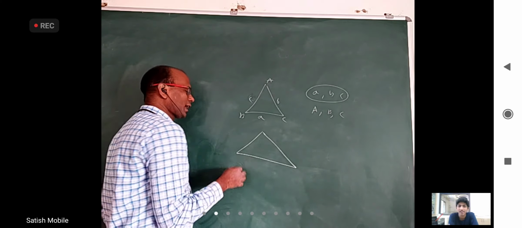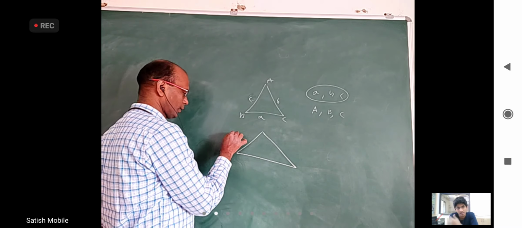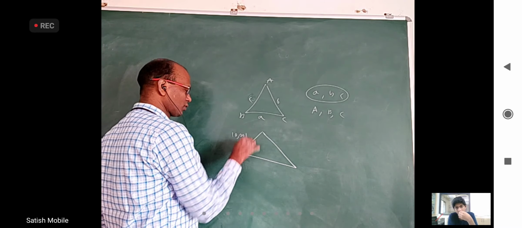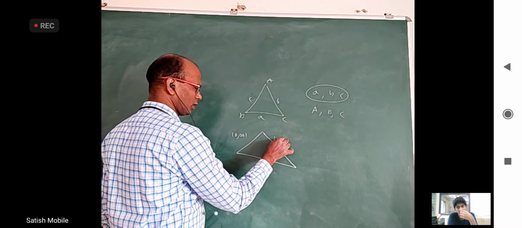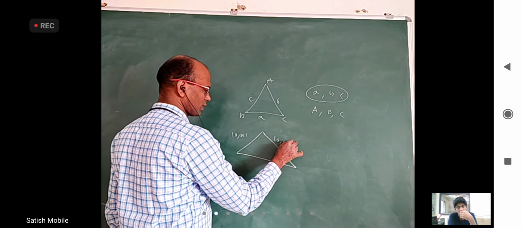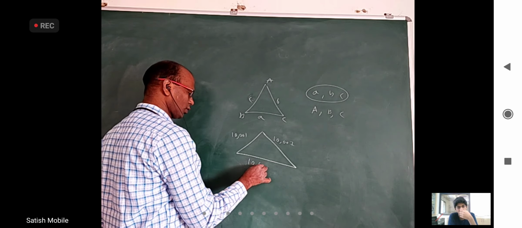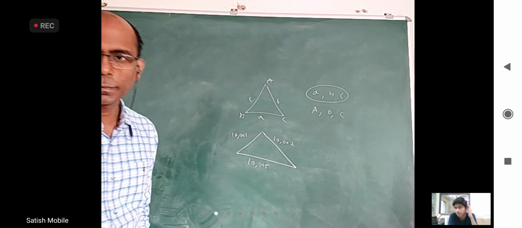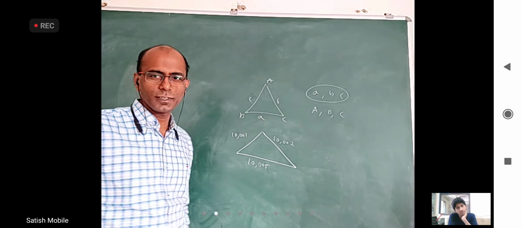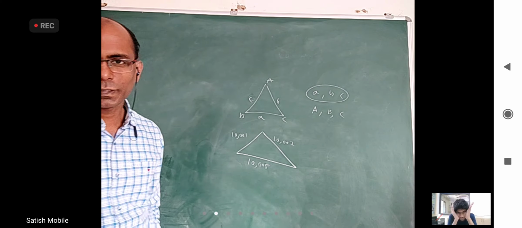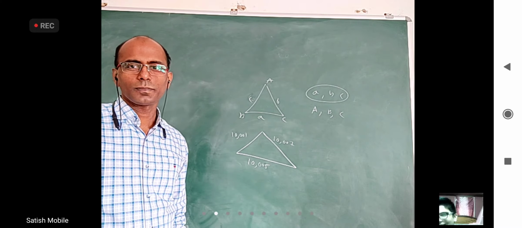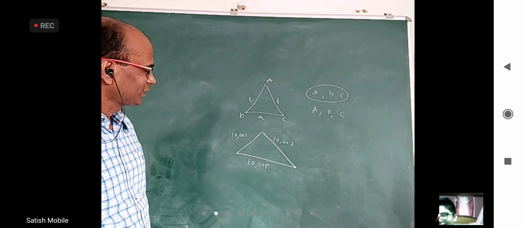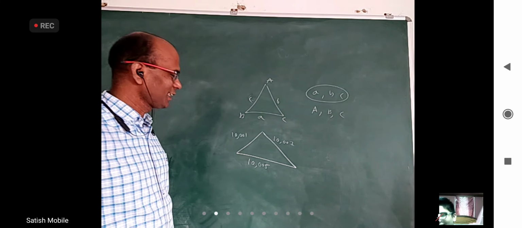Let us say there is a triangle with sides 10,001, 10,007 and 10,005. I want the angles of this triangle. Can you find them? Nearly 60. I want the exact answer.